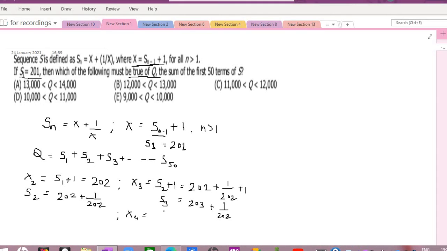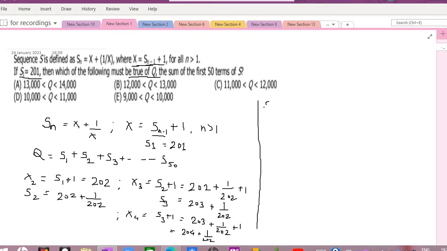Now x4 is going to be your S3 plus 1. What is our S3? S3 is given to us as 203 plus 1 by 202, plus 1. Let's simplify. So we will get 204 plus 1 by 202. Depending on this x4, we will be able to calculate our S4.